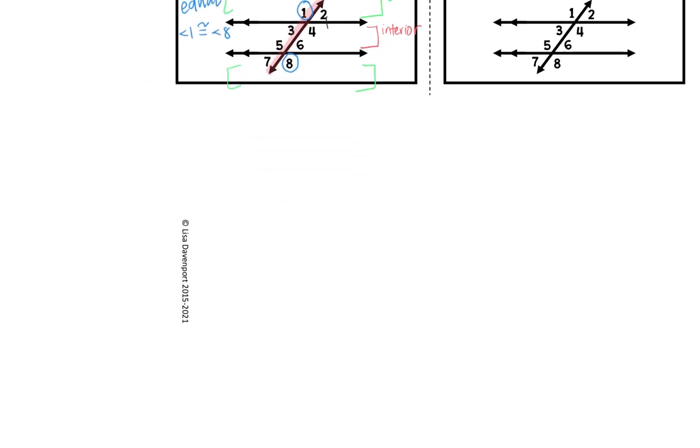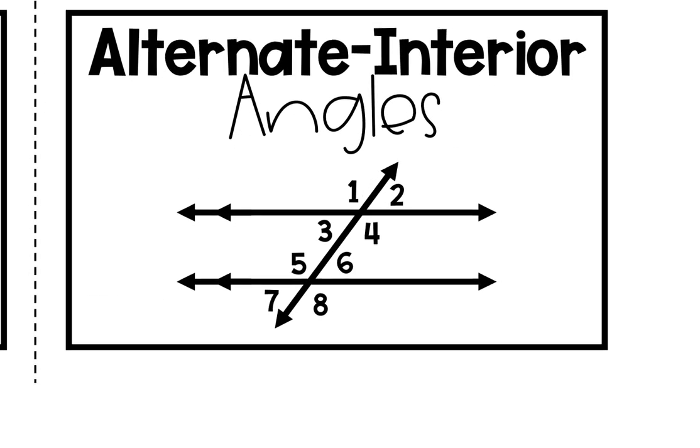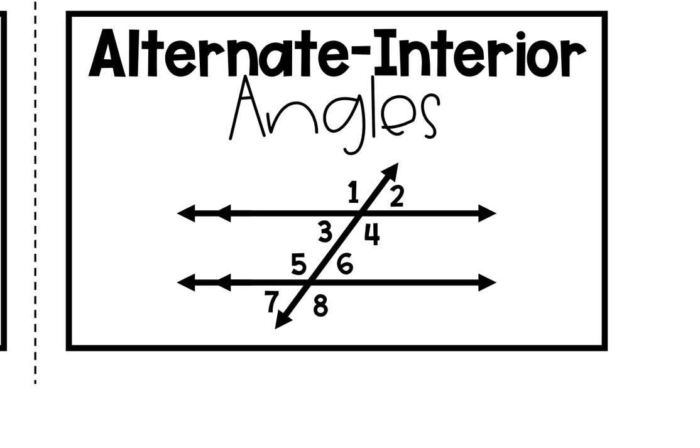Let's keep going. I'm going to do next alternate interior, inside of those lines now. So remember, alternate means opposite. Interior means inside of those two lines. So if we look at our figure, inside of the parallel lines or the inside of these two lines are the angles 3, 4, 5, and 6.